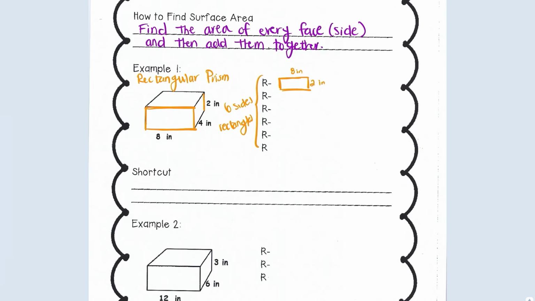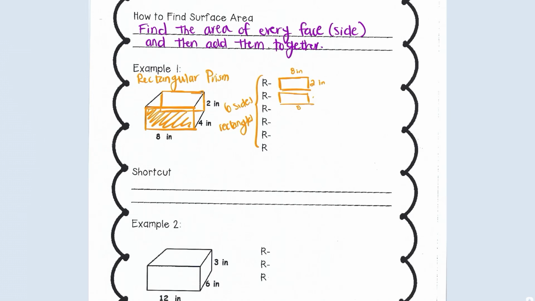Now I need to ask myself, how many rectangles like this that are 8 inches by 2 inches exist in this rectangular prism? There's one here on the very front, and you might have guessed that there is another copy along the very back side of this rectangular prism. It'll be kind of like there. So I'm going to draw 2 copies of it.